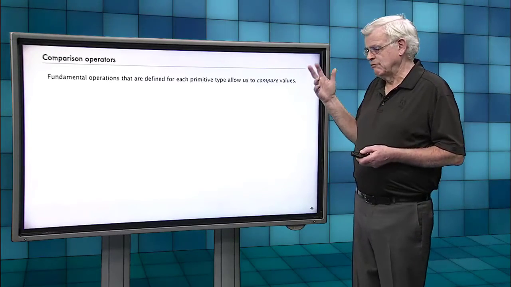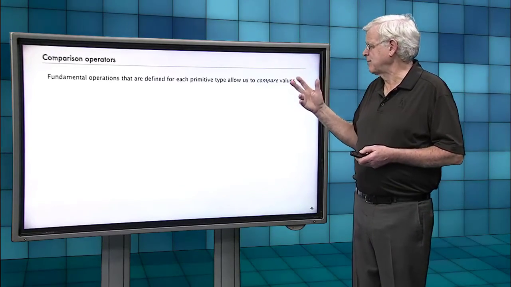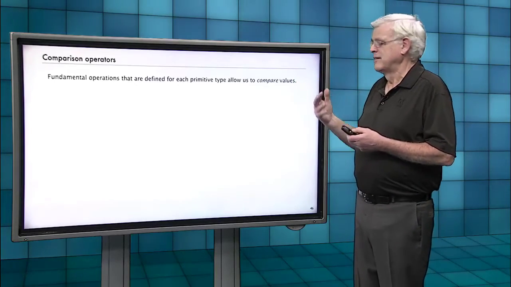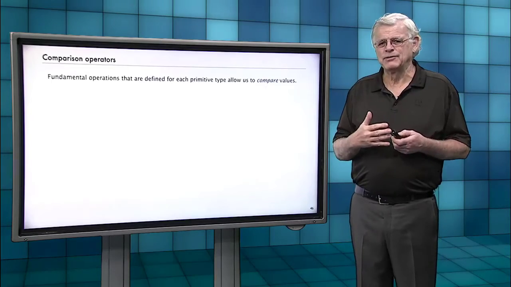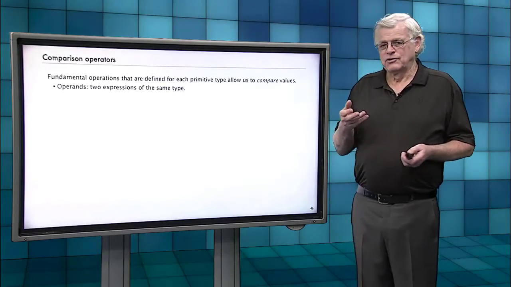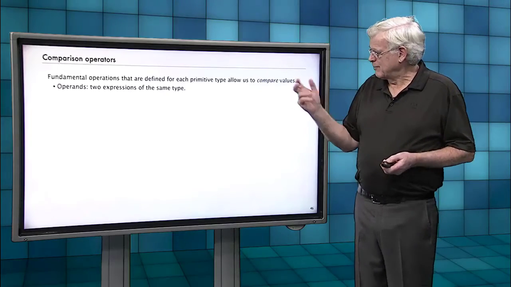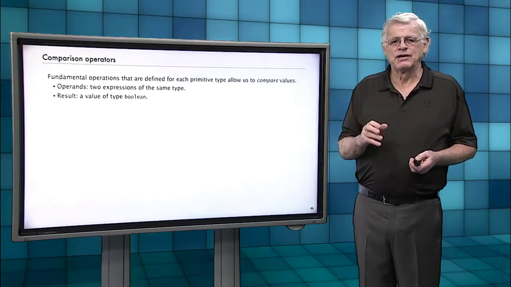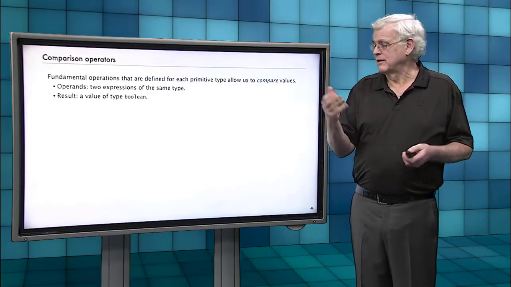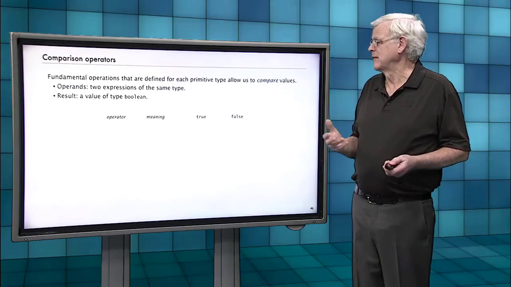So for each type of data, there's fundamental operations built into Java that allow us to compare their values, and that's very important in lots of computations. For these operations, the operands are two expressions of the same type, and the result is a Boolean, so it's either true or false.